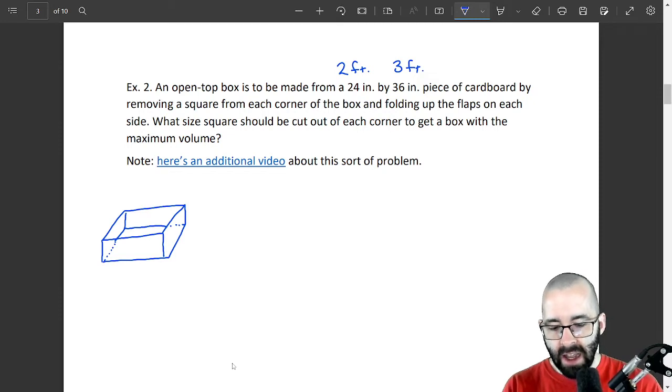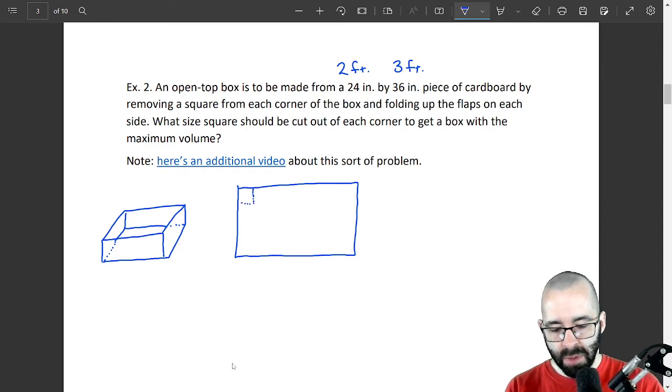Okay. And it's made by a 2 feet by 3 foot piece of cardboard, and you can use feet or inches as you prefer, by removing a square from each corner of the box. So all it's saying is that we have a big piece of cardboard and we're removing a square from each corner.